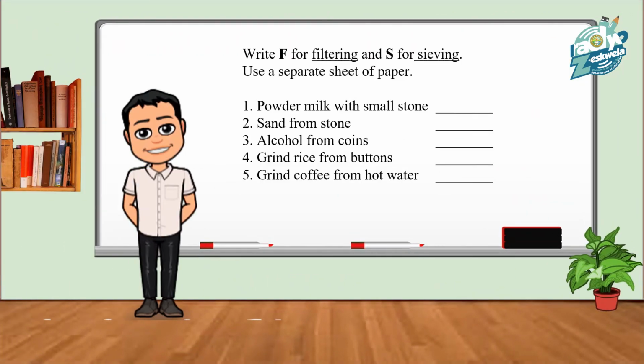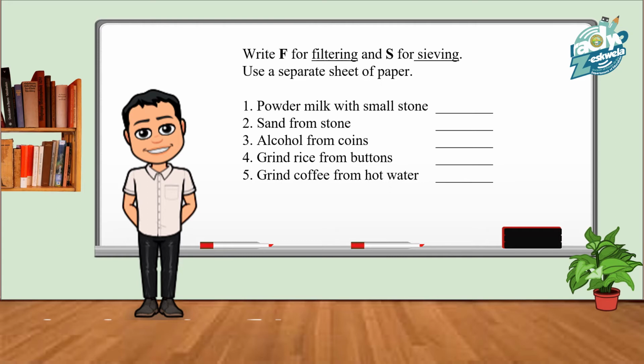Let us try to do this activity. Direction. Identify the technique of separating mixture. Write F for filtering and S for sieving. Use a separate sheet of paper. Okay, for number 1, powdered milk with small stone.